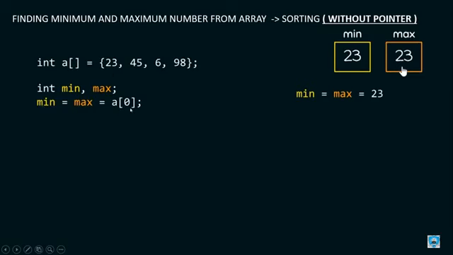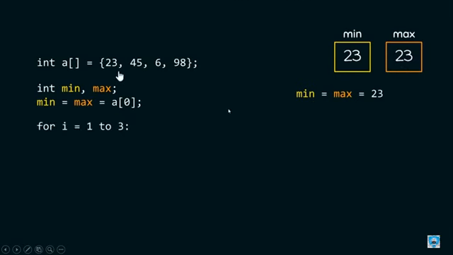Min and max equal to a of 0, which means this 23 will be considered as the minimum and as the maximum. So at the same time, on my right side, minimum value is 23, maximum value is 23, because we mentioned min equal to max equal to 23. We are moving ahead. If we consider my first array element as the minimum, the loop will continue for 1, 2, 3. This starts from this 45, then after I will take 6 and 98.